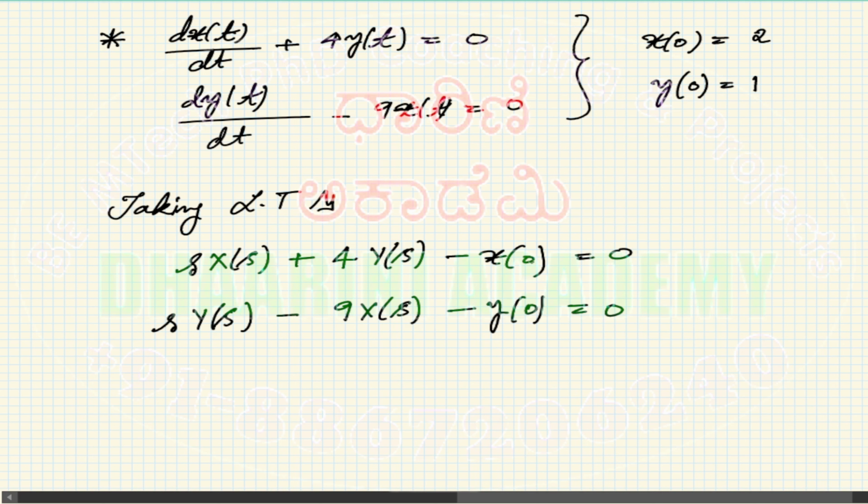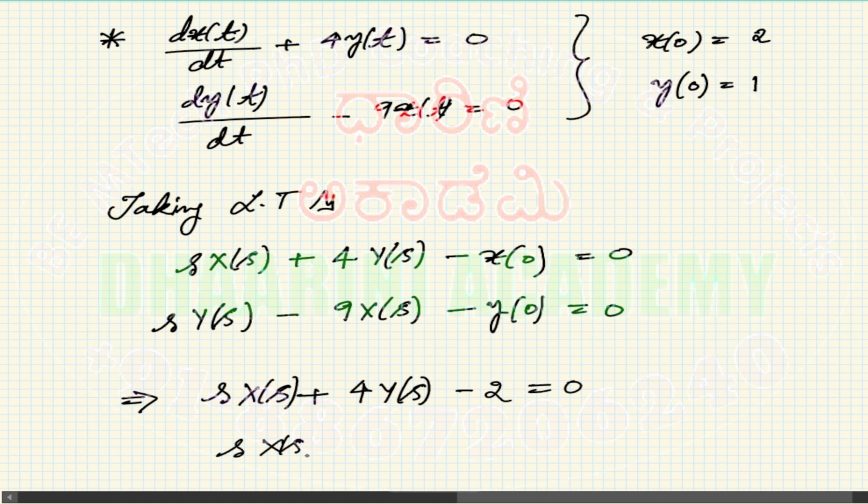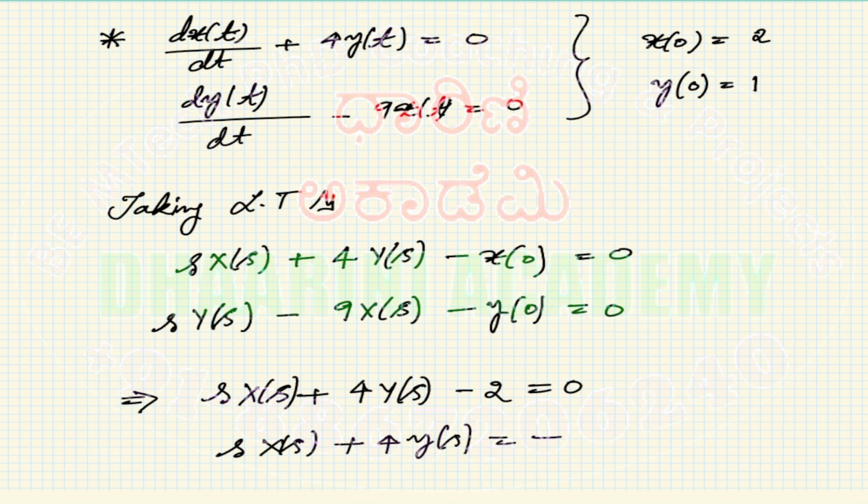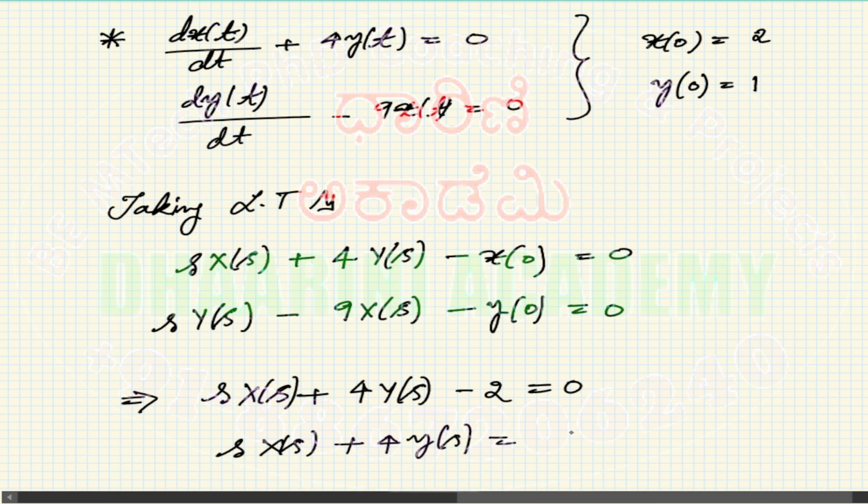Now, since the values are already given, let's substitute. x of 0 is 2. So s into x of s plus 4 times y of s minus 2 equals 0. Minus 2 goes to the other side: s into x of s plus 4 times y of s equals 2.